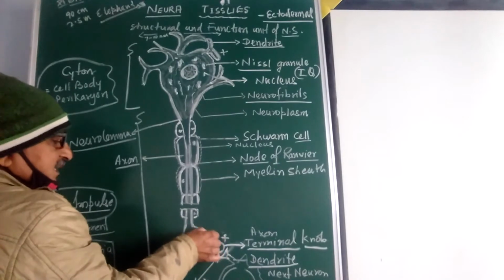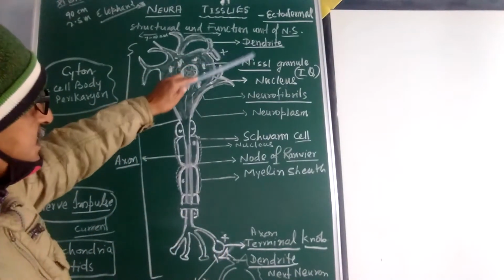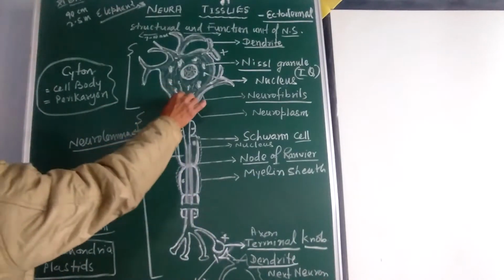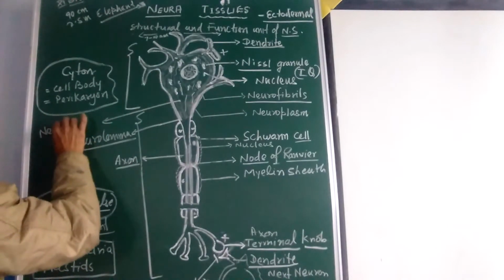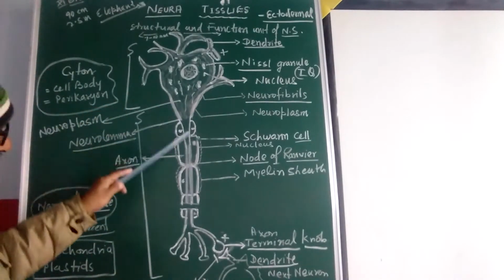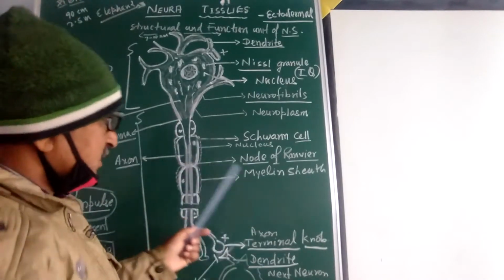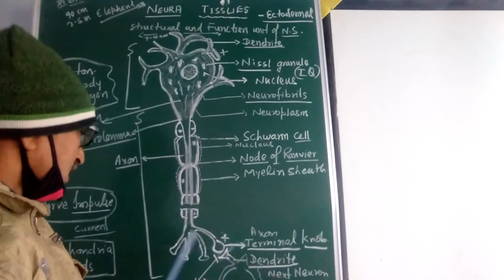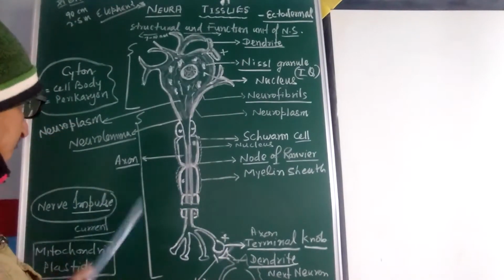So, dendrites, Nissl granules, neuroplasm, the cytoplasm present here, neurolemma, the cell membrane. It is somewhere surrounded by the myelin sheath. Some are non-myelinated neurons too, and this one is the axon. So two parts are there, cytosol and axon.